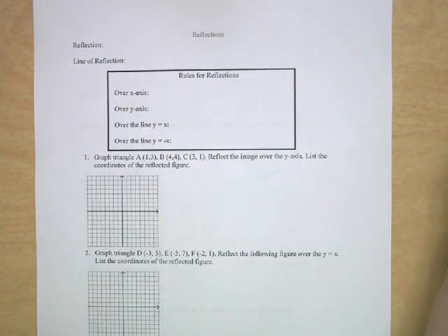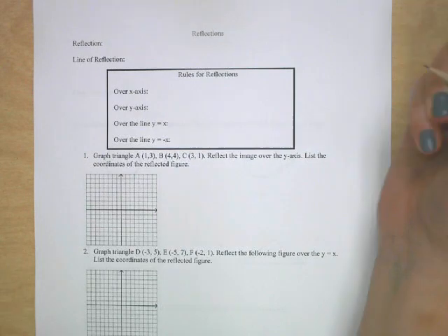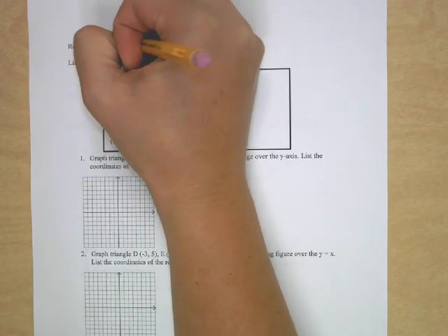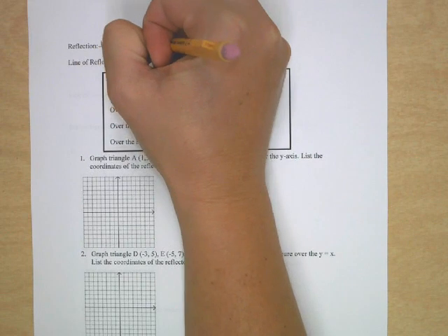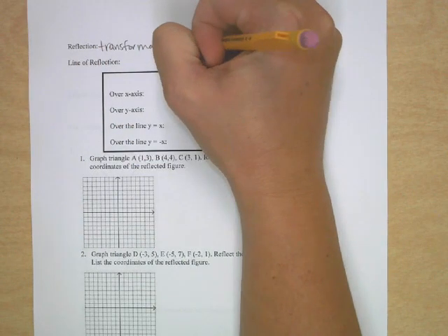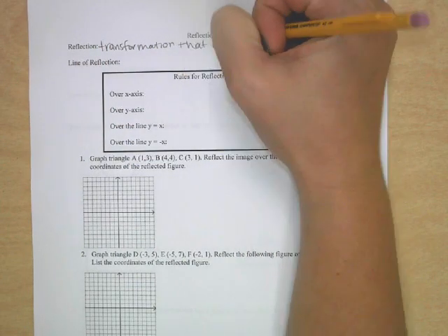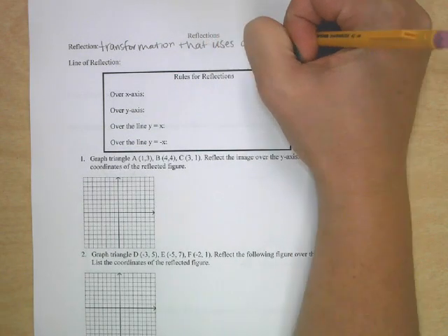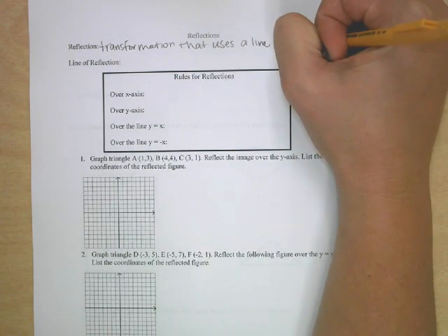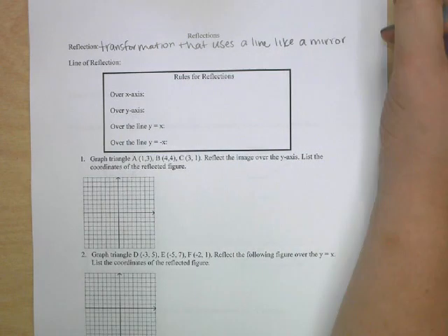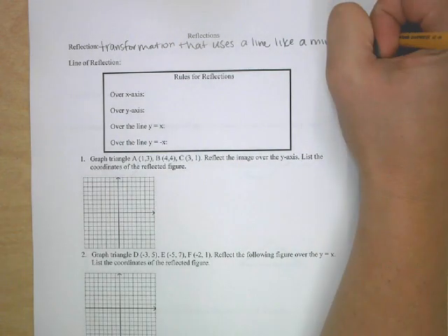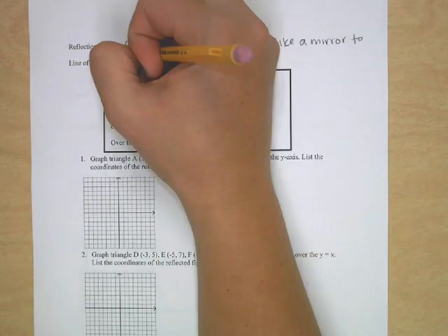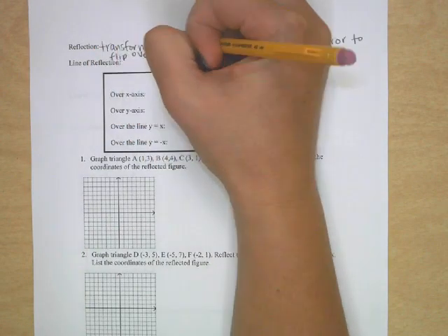This is going to be a video on reflections. So the first thing, what is a reflection? Well, it's a transformation that uses a line like a mirror to flip over a figure.